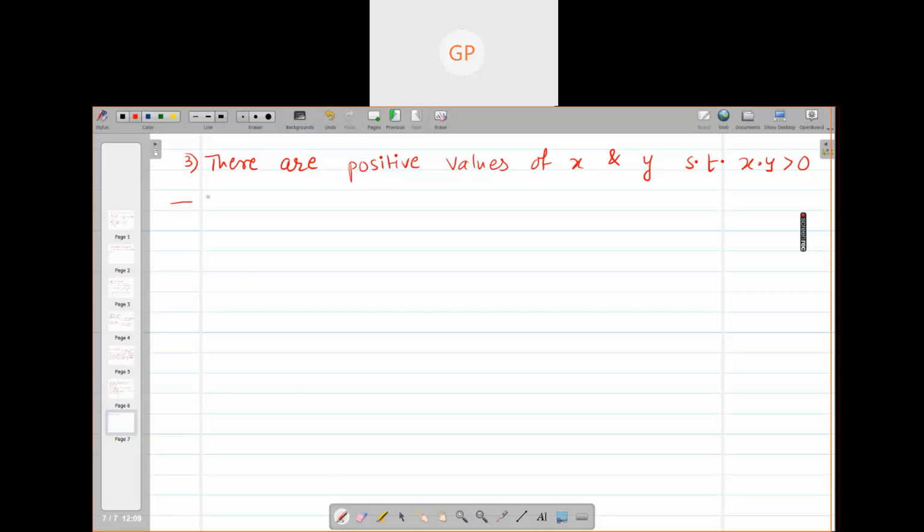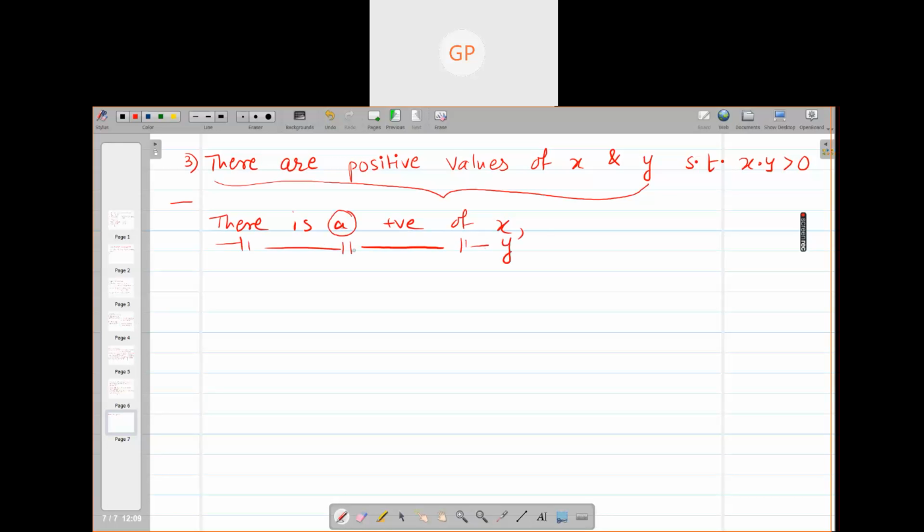There are positive values of x and y means there is a positive value of x and there is a positive value of y, right? So there is a means there exists.